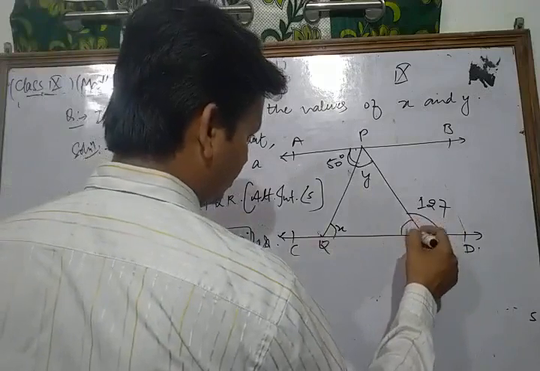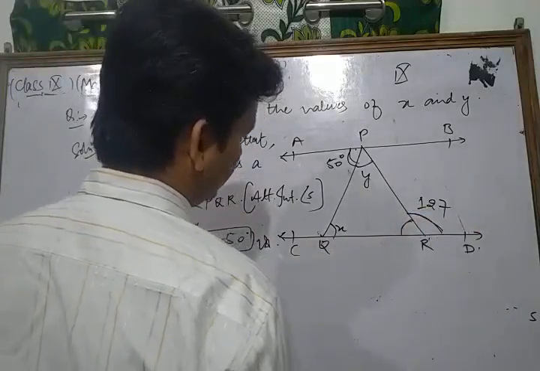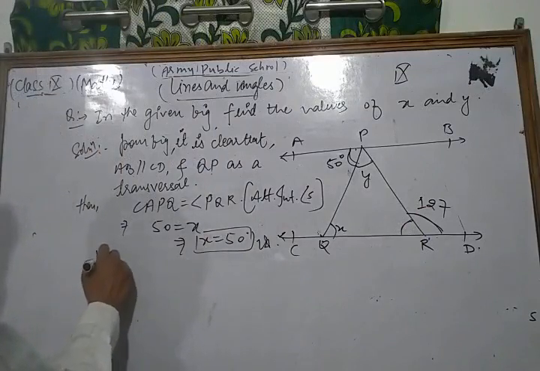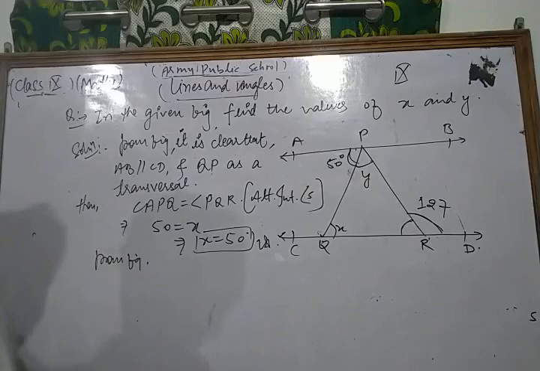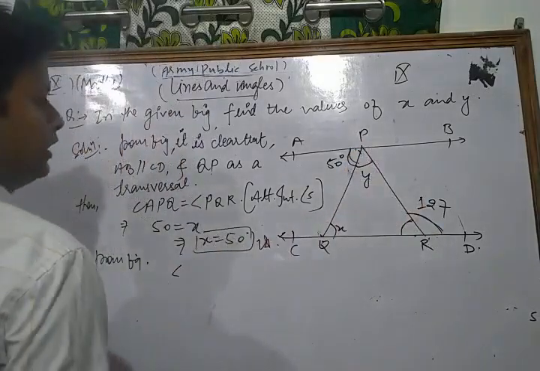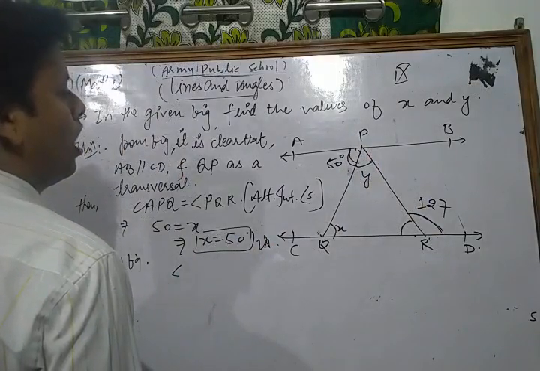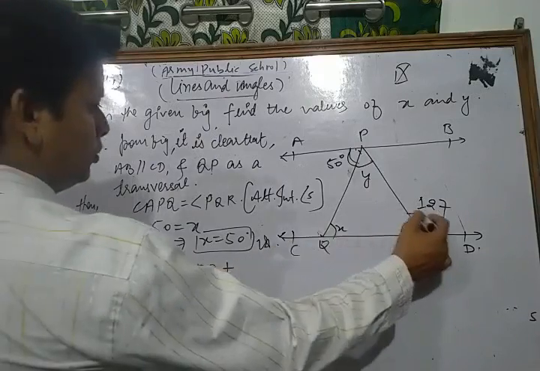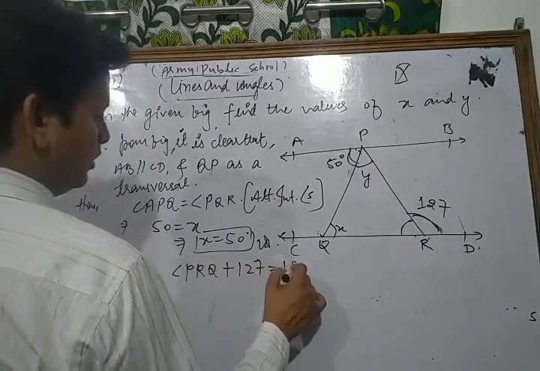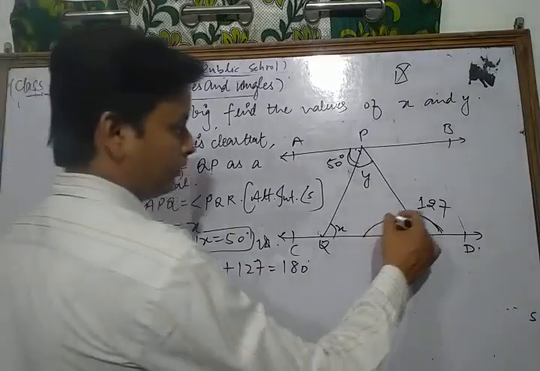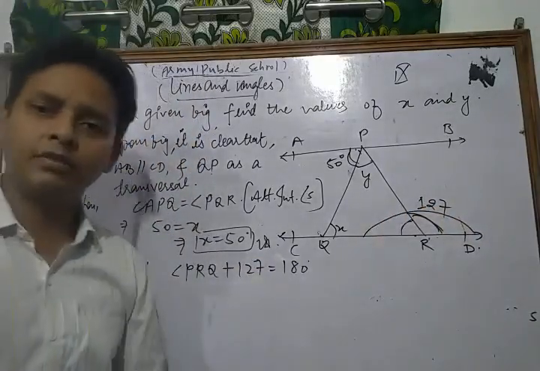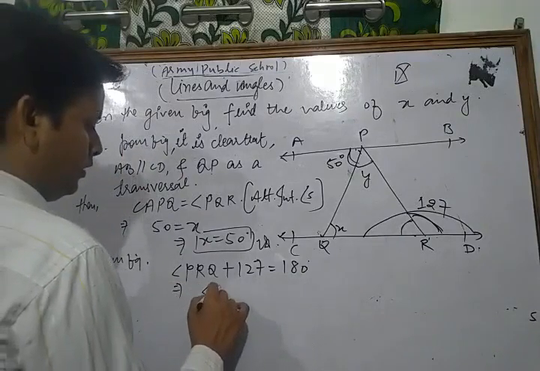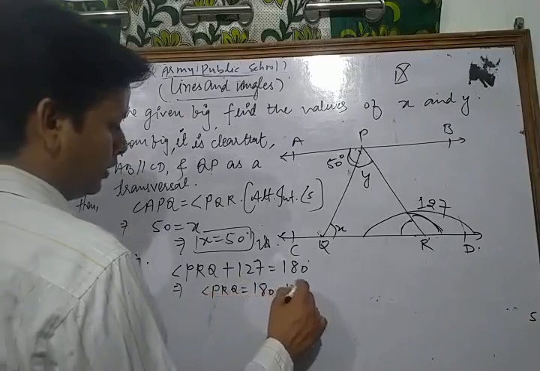Now here this is a straight line, so the sum of the measures is 180. From the figure, dear students, angle PRQ plus 127 is equal to 180 degrees, because these are angles on a straight line, and you know that the sum of angles on a straight line is always 180 degrees. So angle PRQ is equal to 180 minus 127.